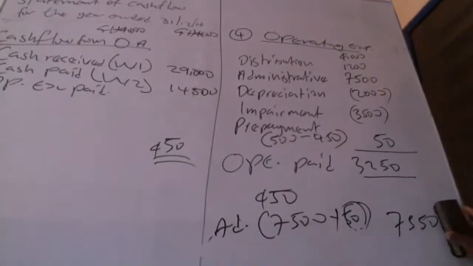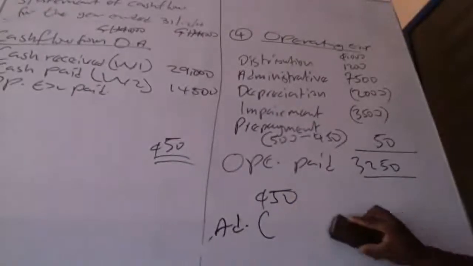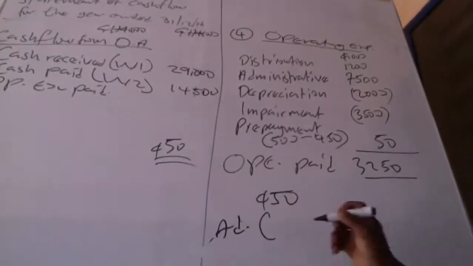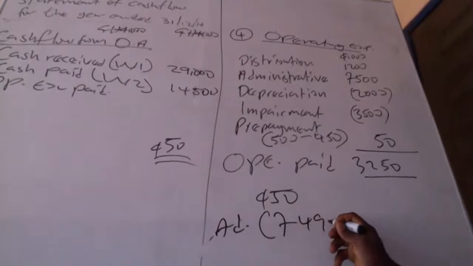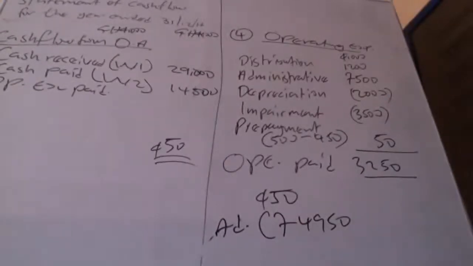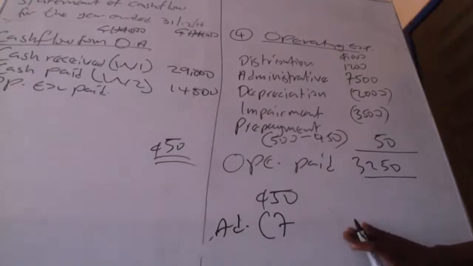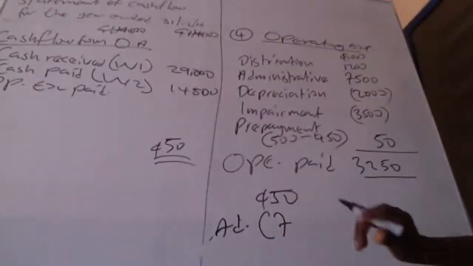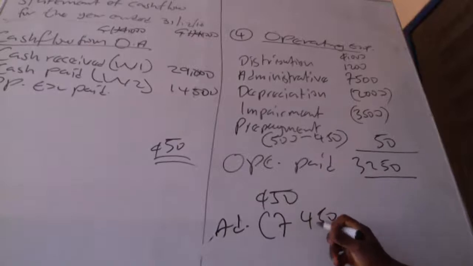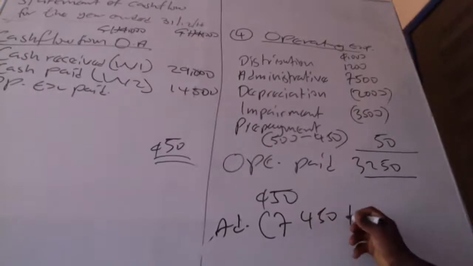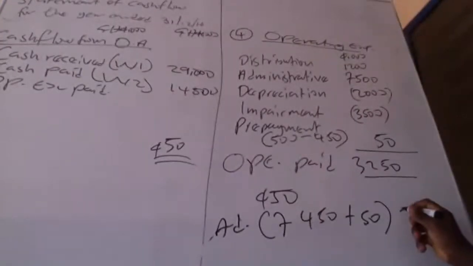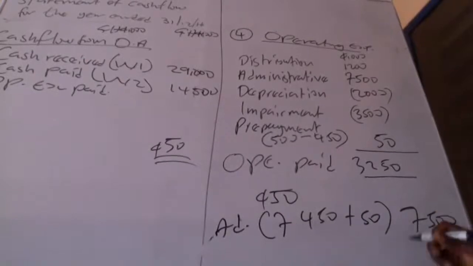But originally, in the question, we will give you admin of 7,450, right? Good. So this is the admin that we will key in. Plus the 50 back, it should give us 7,500.